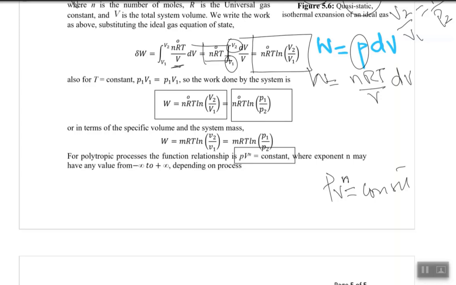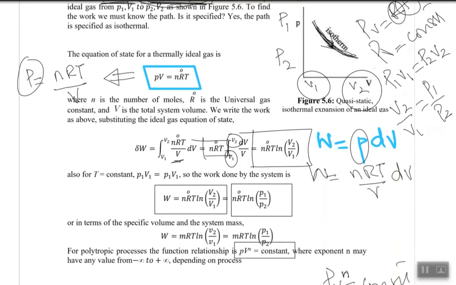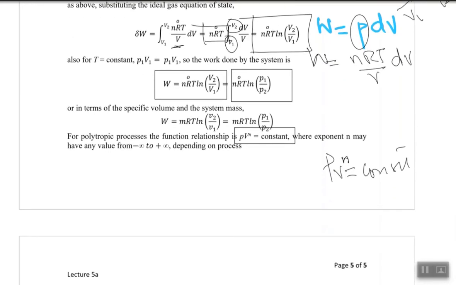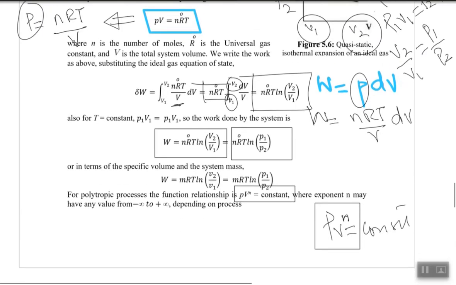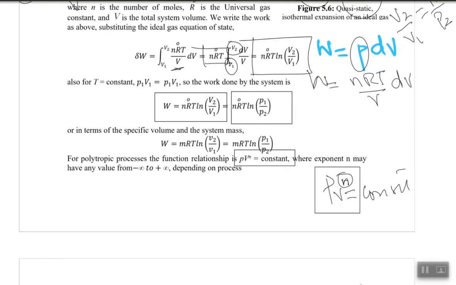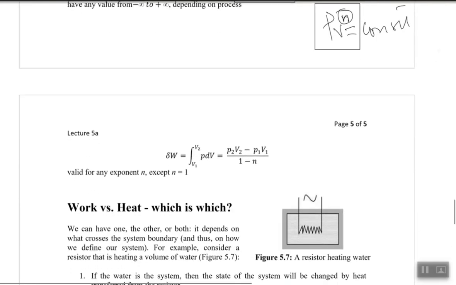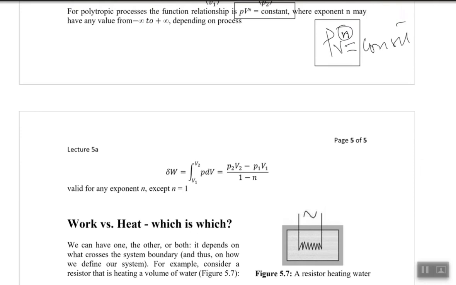So that is a process in which the pressure and the volume on the line are changing with the equation PV raised to power n, and n can be anything. Not one, obviously, because if you put one in it, that would be the isothermal process. Based on that n the process can be different. That process is called the polytropic process.